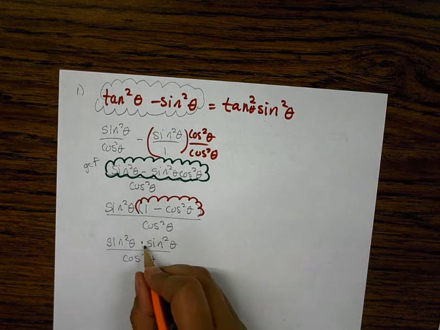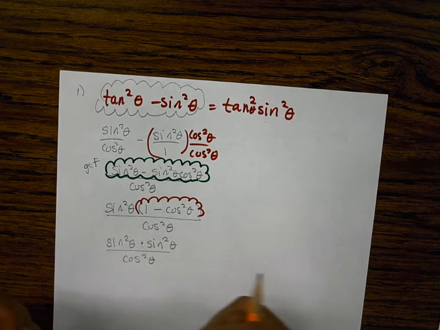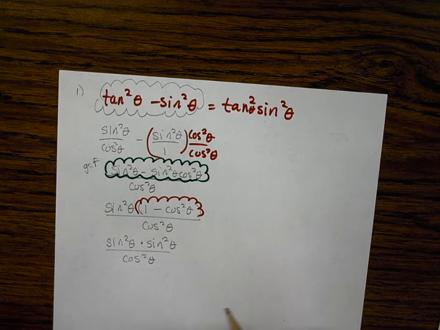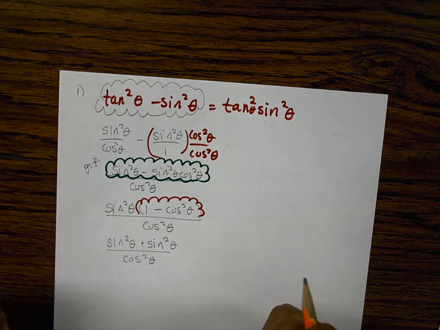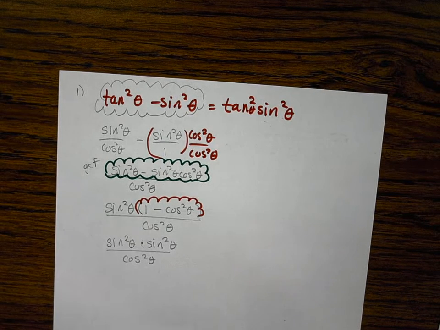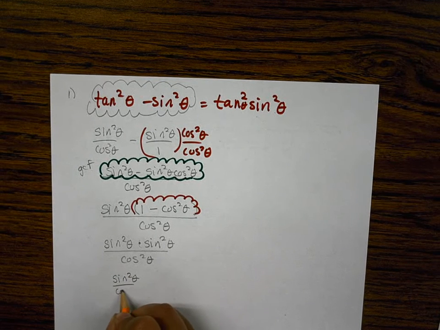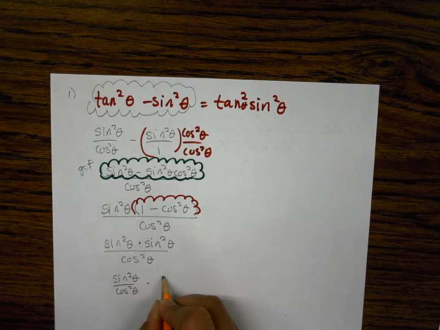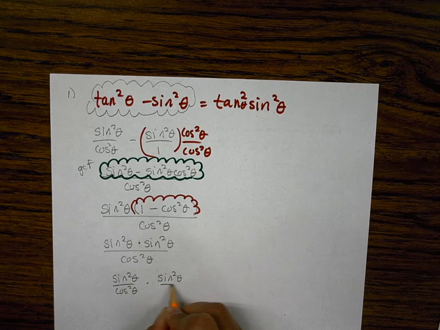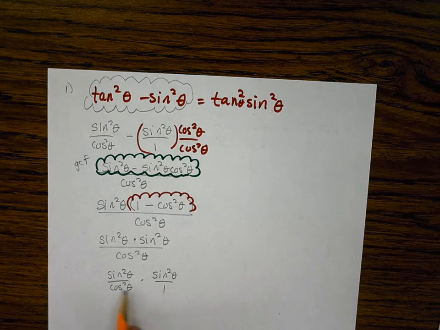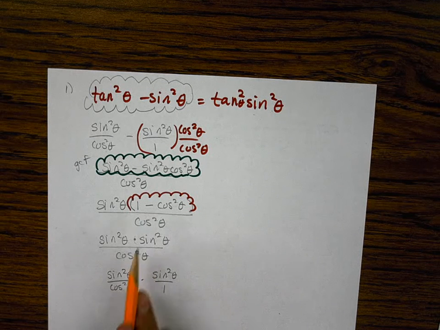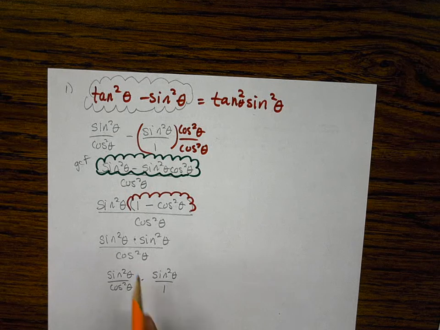So since this is multiplication, we've talked about ripping apart fractions before. When you rip apart fractions, it's different when you rip apart a multiplication fraction and an addition fraction. When it's multiplication, your denominator only goes under one of the fractions. It does not go under both. Do you agree if I were to multiply these two together, I'd get sine squared times sine squared in the numerator and cosine squared times 1, which is cosine squared, in the denominator.